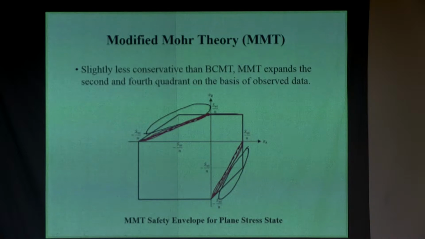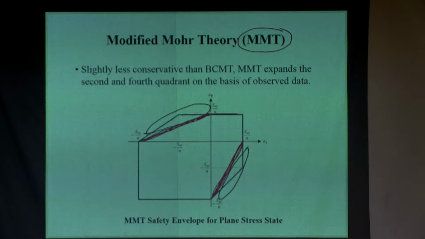But they actually see a lot of failures happening outside of it. A sigma B would actually plot here. So they expand that, and that is the modified Mohr theory, the MMT. It's just another version of the BCMT with the second and fourth quadrant expanded.